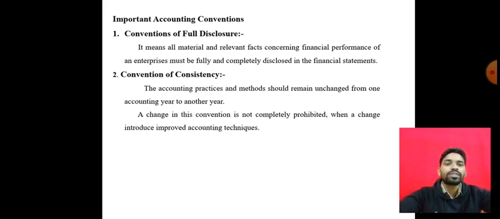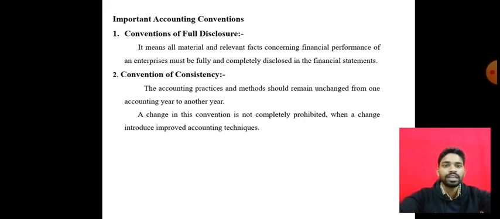Whatever economic and financial data there is should be disclosed to the users. This is nothing but the convention of full disclosure.